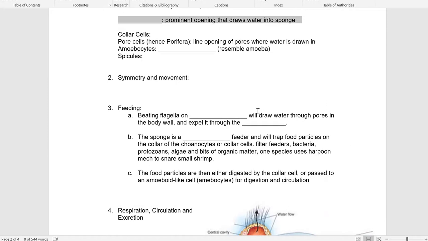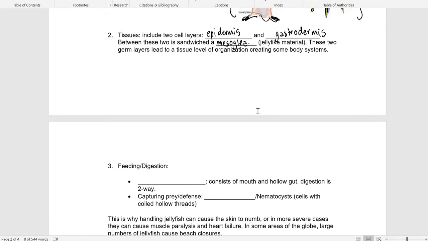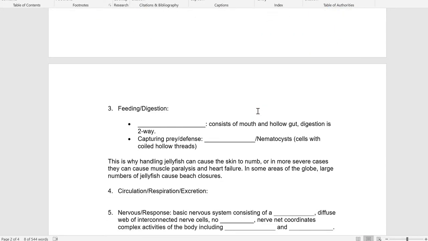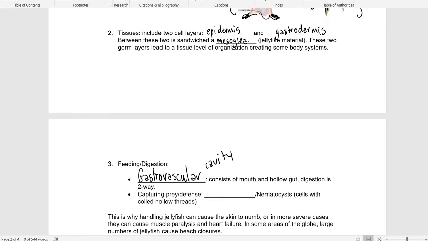So specifically, the feeding and digestion. If you're a cnidarian, like a jellyfish, you have what's called a gastrovascular cavity. This is important, star this, highlight it, but you have a gastrovascular cavity, and this consists of a mouth and a hollow gut, but we say digestion is two-way. This is what I was talking about last week.